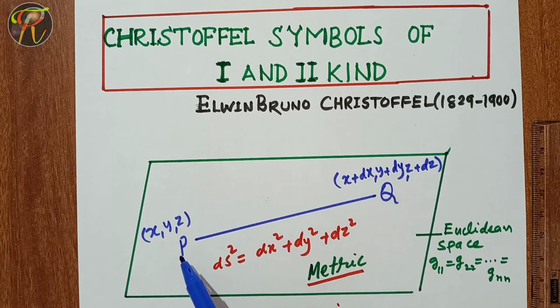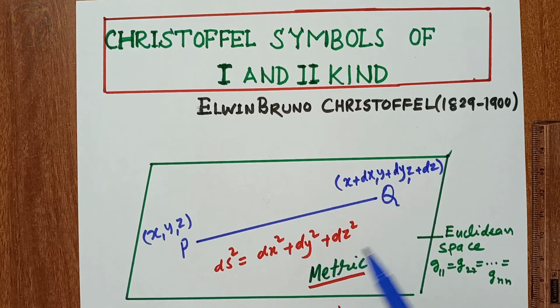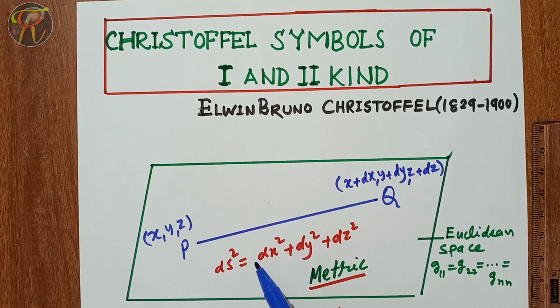Means if P and Q are two neighboring points, then the metric is ds square equal to dx square plus dy square plus dz square. In this case the coefficients of the metric are equal and all are 1.